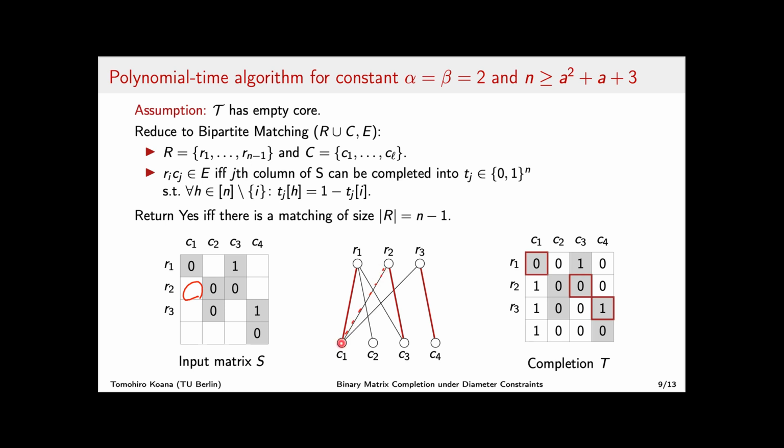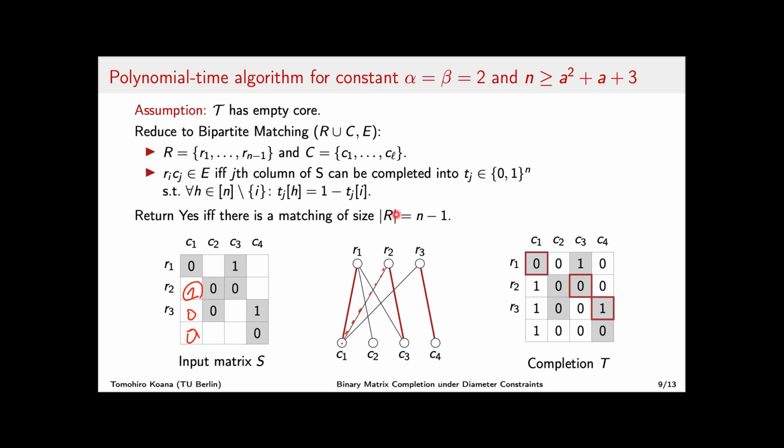This is because the first column can be completed in such a way that the second row becomes distinct. Namely, if we complete it in this way, then the second row becomes distinct, making a petal of the sunflower.